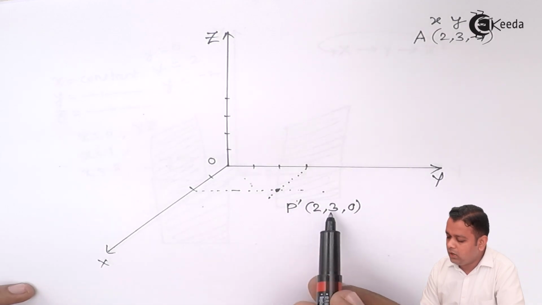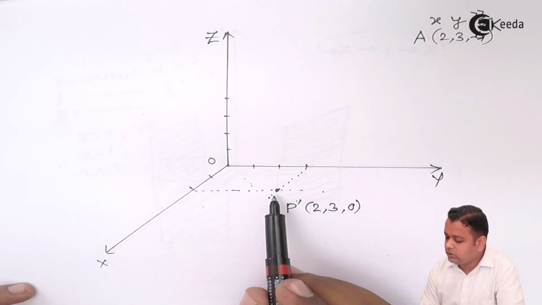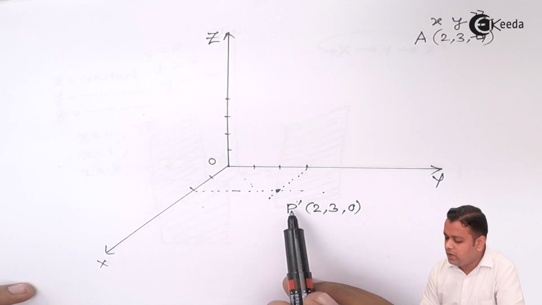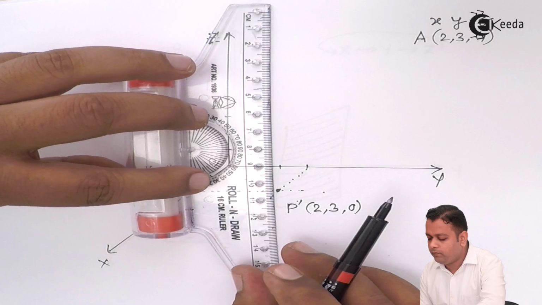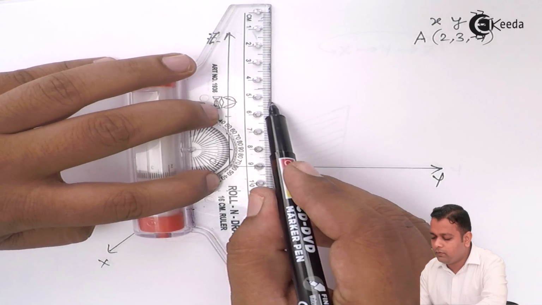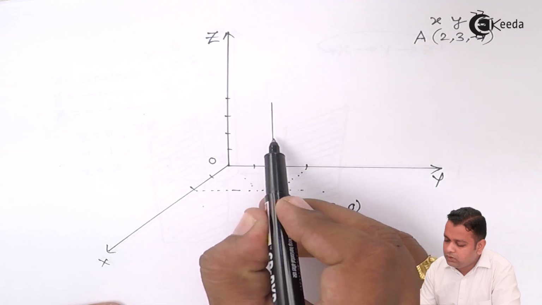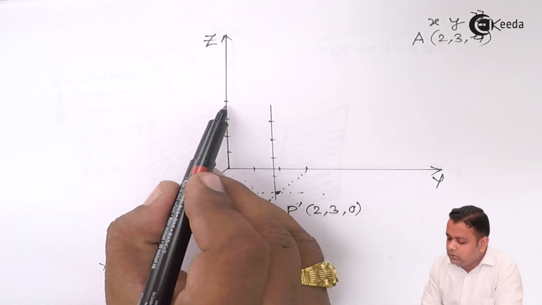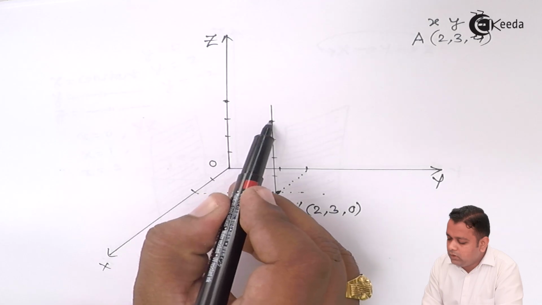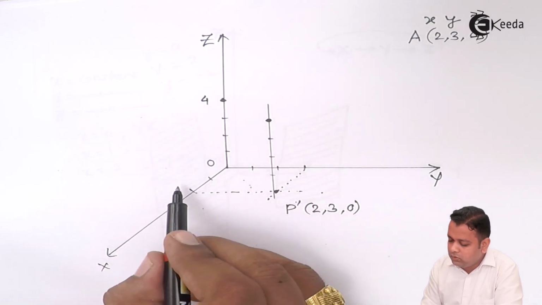So 2, 3 we have, but we want the z coordinate to be equal to 4. So let us raise the height of this point P dash by 4 units. Here suppose 1 unit, 2 units, 3 units, 4 units. So these 2 points are at the same height, that is equal to 4.